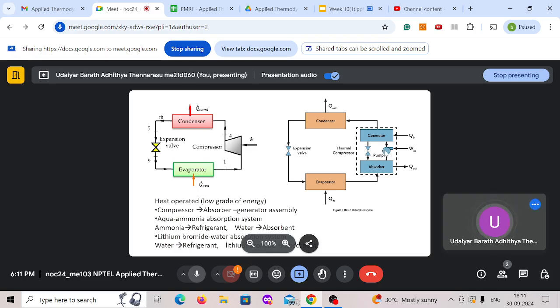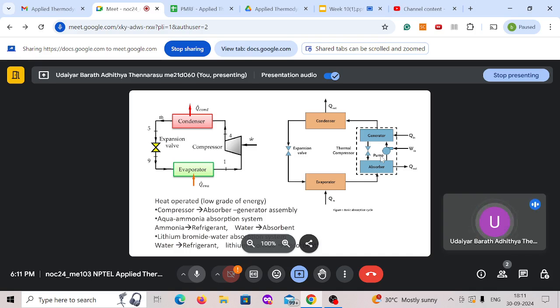So that's one, and the vapor absorption is to generate this thermal compressor. This is generally used when you have excess heat available. For example, you are in a plant and in the process streams you have an additional stream at higher temperature with excess heat which is dumped, so you can make use of that.